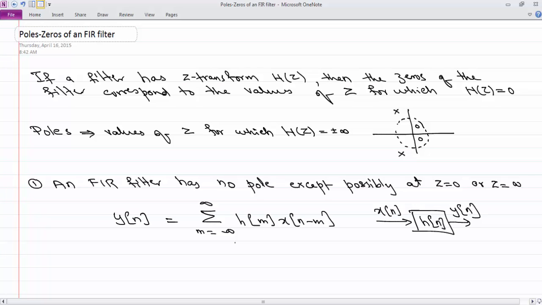Now, this is an FIR filter, which means that the filter is 0 for all values except a finite range. So let's assume that the filter is non-zero only for m from minus N1 to N2, and 0 is somewhere in between. So it's non-zero only for these values.